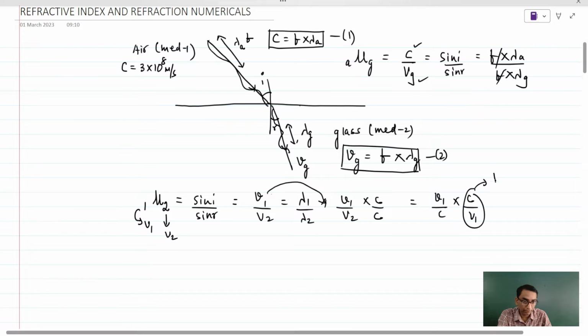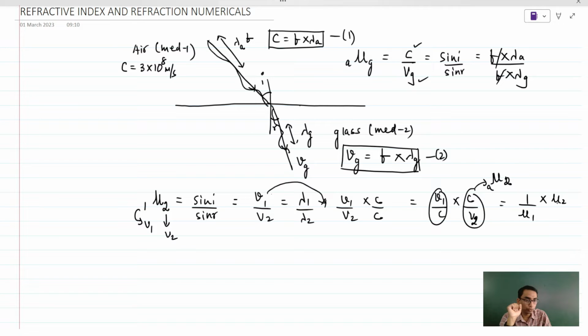This is equal to 1 upon the refractive index of medium 1 with respect to air, times the refractive index of medium 2 with respect to air. So this is mu2 upon mu1, where mu1 and mu2 are both absolute refractive indexes.